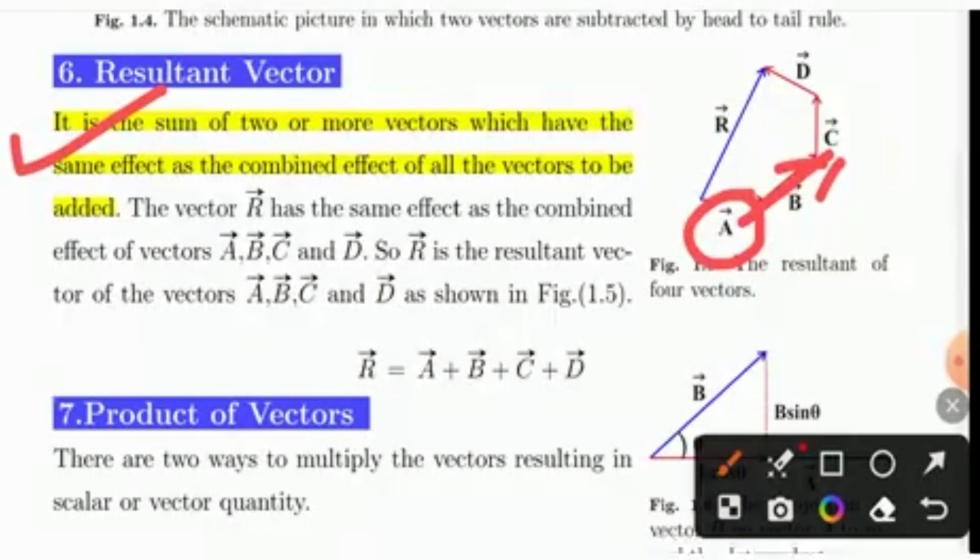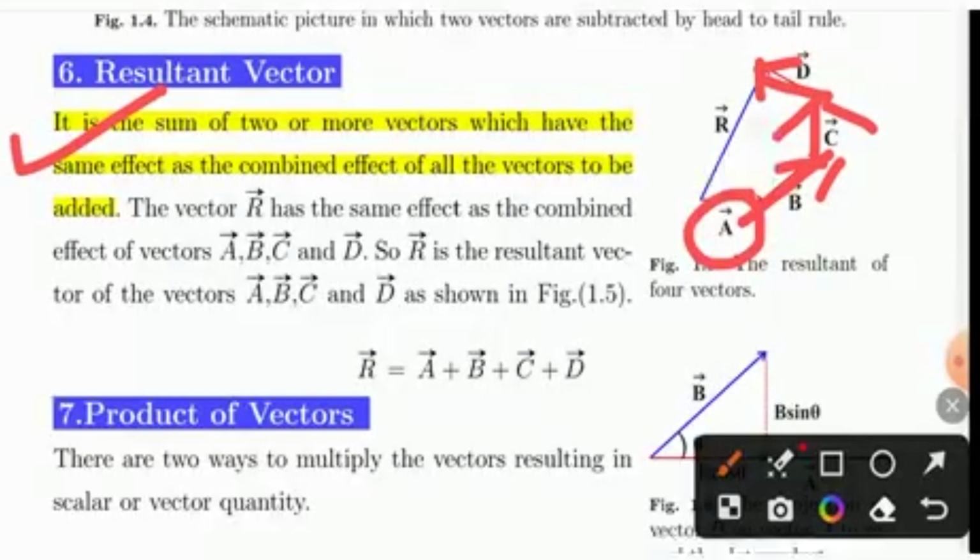Then we attach a third vector using the head to tail rule along this direction, and the fourth vector, represented by D, can be added using the head to tail rule along this direction. Keep in mind, we can add multiple vectors by using the head to tail rule.